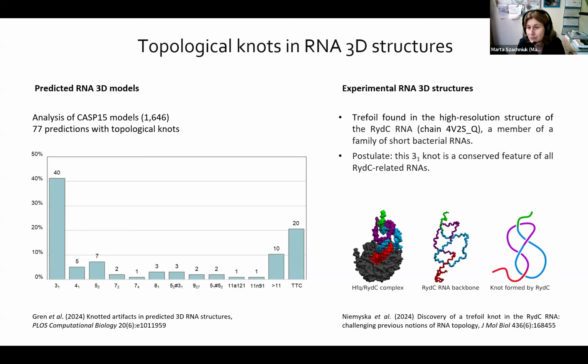The knot that was found was a trefoil, and it was found in a short bacterial RNA. So the author of the paper postulated that this type of knot can be a conserved feature of all these types of bacterial RNAs.